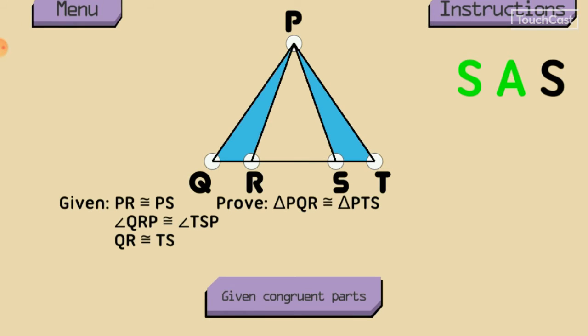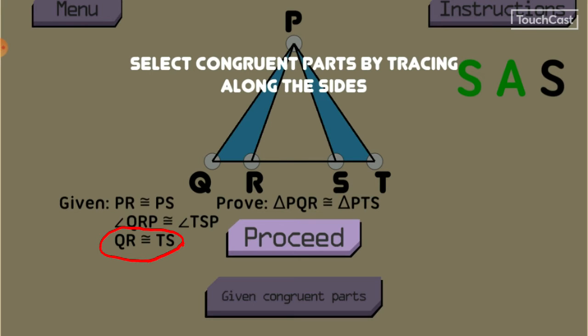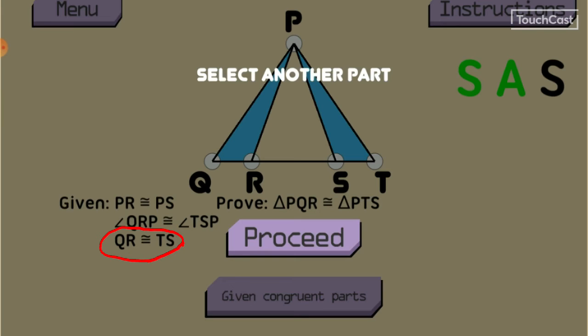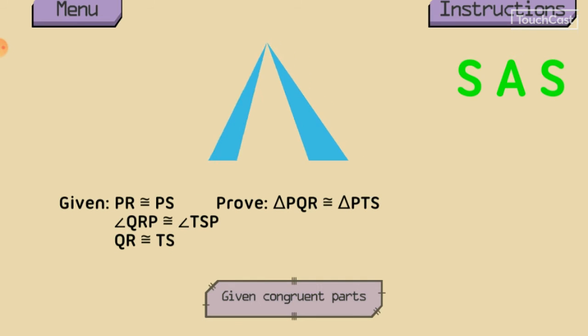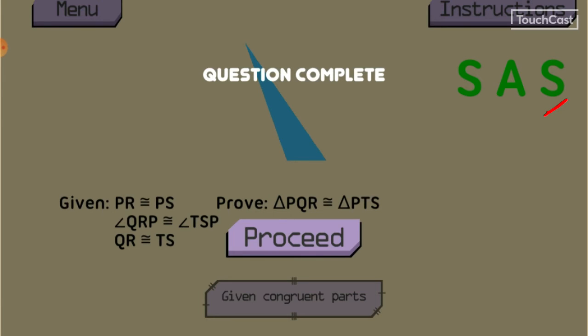Now I will proceed to trace the remaining pair of congruent sides. So from the given, let me click given again, that's QR and TS. So QR and then TS. And observe that there's an animation showing that indeed the two triangles are congruent, and all 3 letters of SAS are now highlighted green.